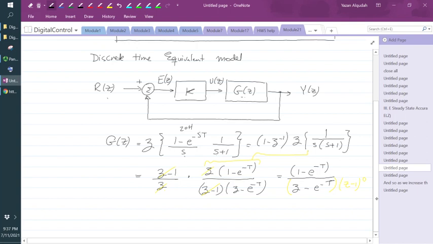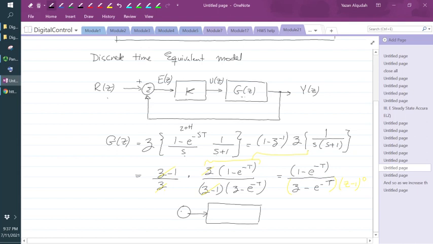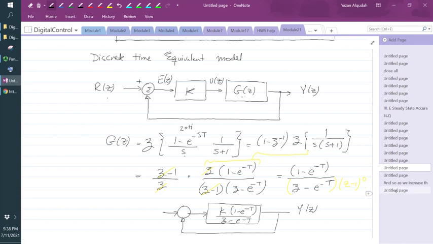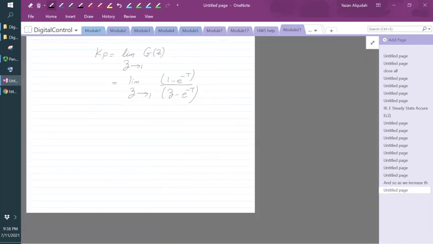So let me do this here. The equivalent of this system is going to be Y of z, and this is G of z, and then I have a K, so it is K multiplied by 1 minus e to negative T divided by z minus e to negative T. And therefore, when I calculate the error here, I'm going to add a K here.